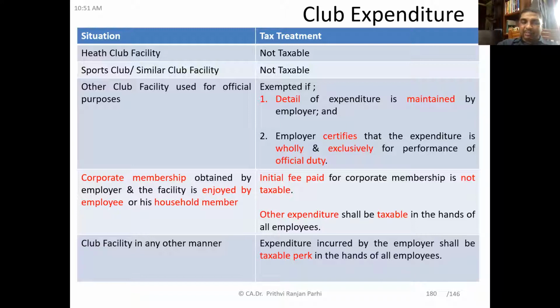The fee will not be taxable, but other expenditure incurred in the clubs and reimbursed or facilitated by the employer will be a taxable perquisite. Now, if club facility is provided in any other manner, then expenditure incurred by employer shall be a taxable perquisite in the hands of the employee. So this is the treatment of club expenditure incurred by employer per employee.